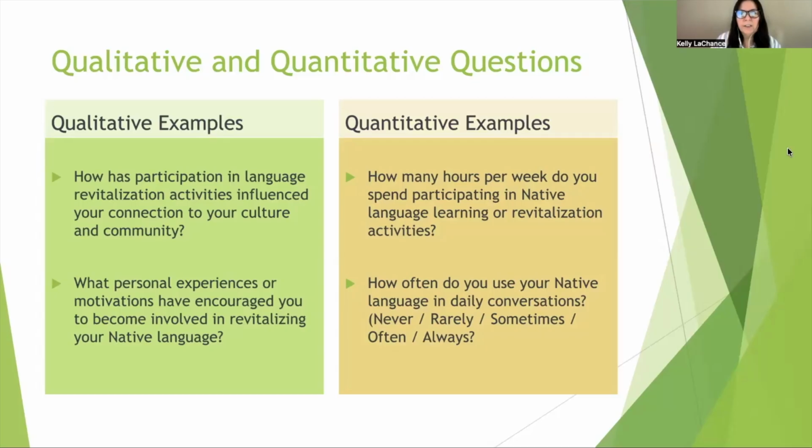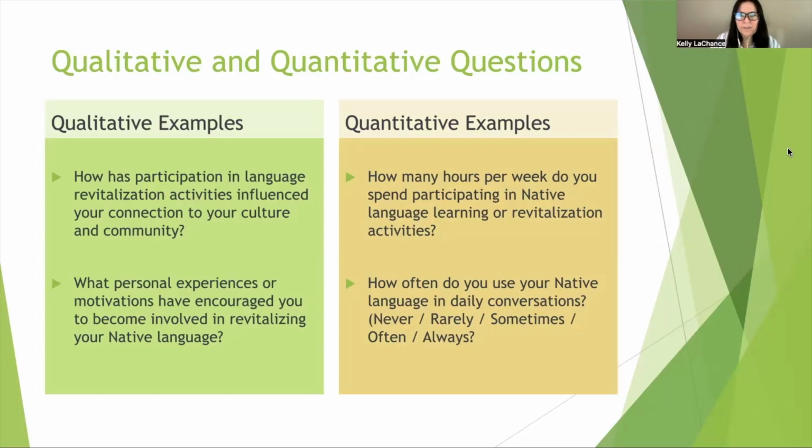Now, looking here at the quantitative examples, again, these would be information that we previously talked about, to where there'd be different ways to quantify this information. And you could use that to also inform your qualitative as well, but this is a great way to assess any type of numbers or responses that you're looking for.